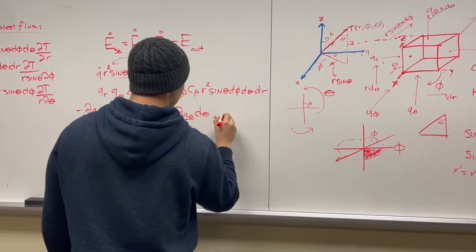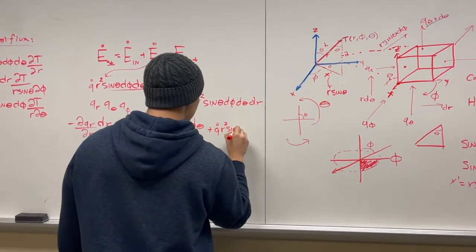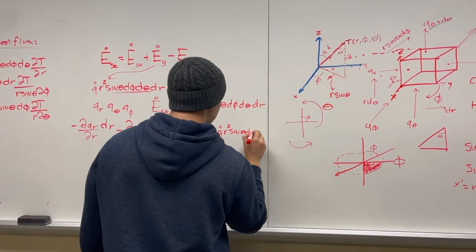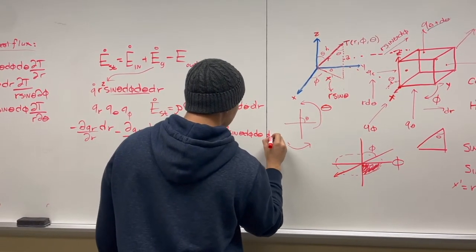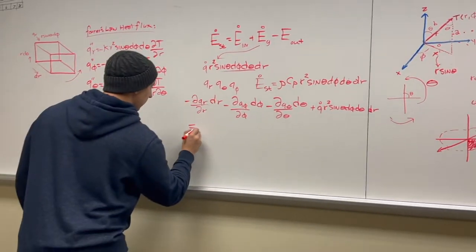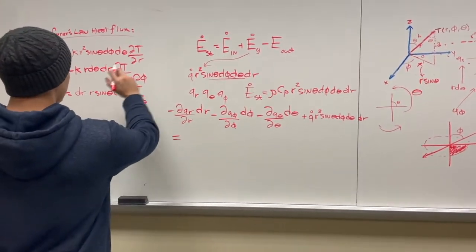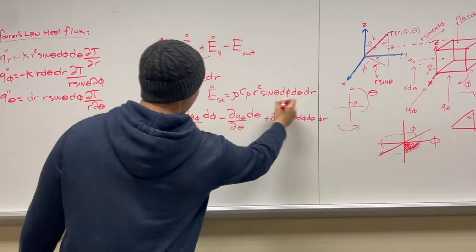So Q dot, and then r squared sine theta d phi, d theta, and dr. And then all of this would end up equaling our energy storage term, which is right here.